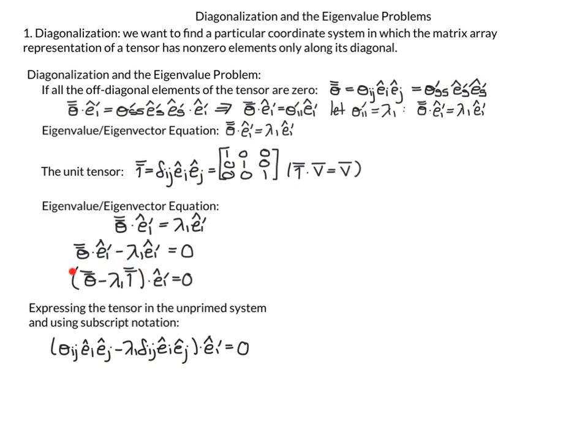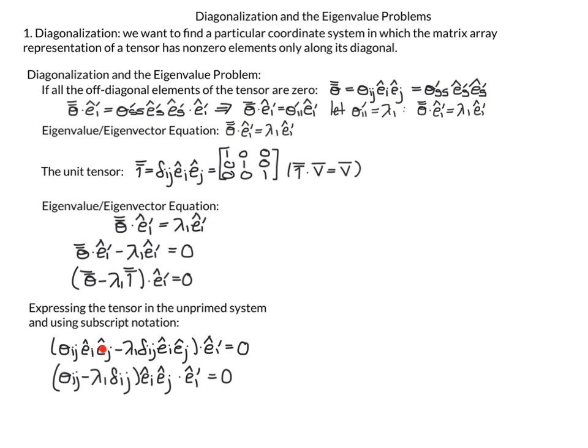Now I want to express this portion in the unprimed system. So I write my tensor in the unprimed coordinate system: sigma ij e to the i e to the j minus lambda 1, my unit tensor, which is delta ij e to the i e to the j, and I'm still going to keep this in my prime system, dot e1 prime equals 0.